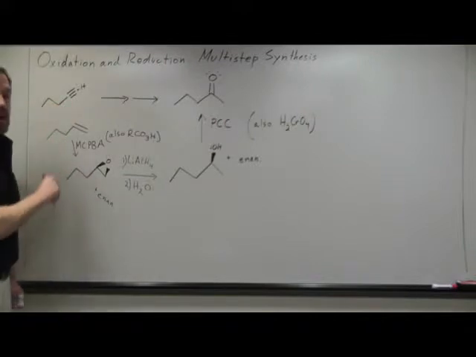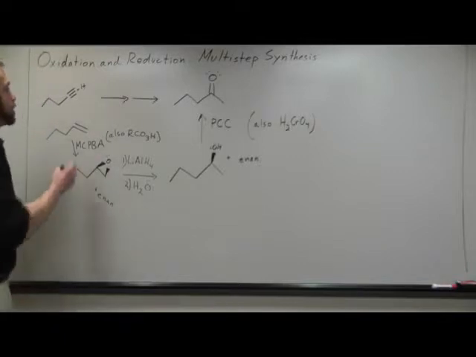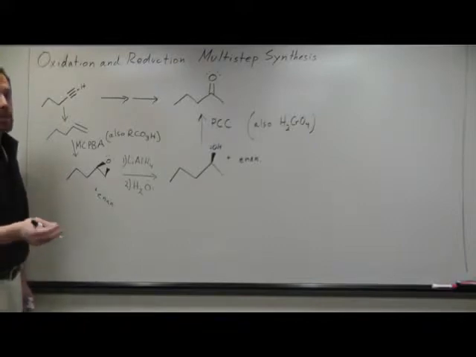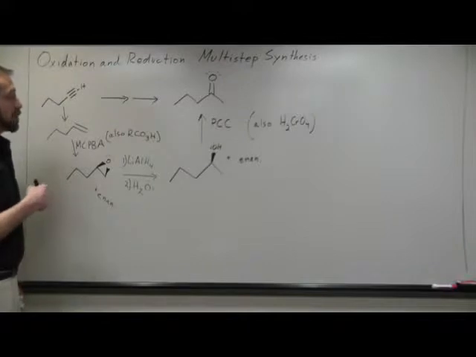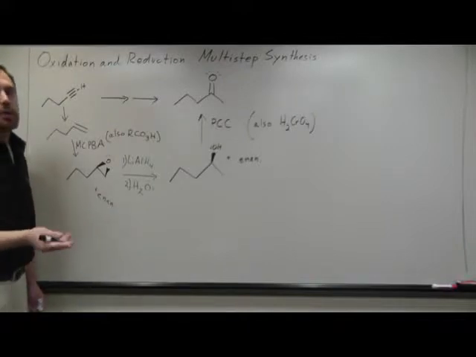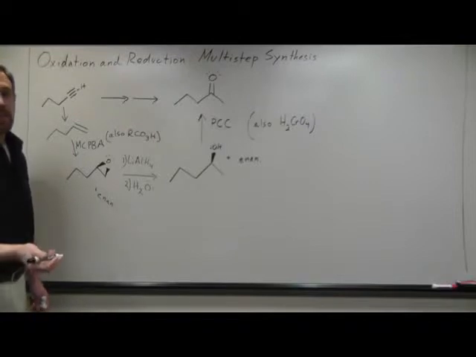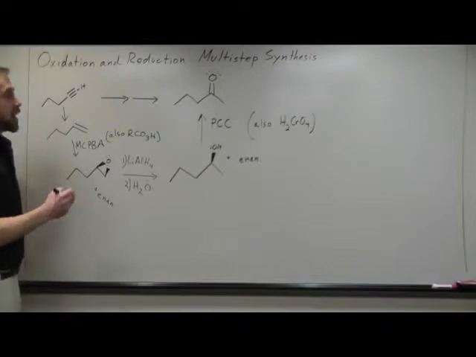From an alkyne to an alkene, this is a reduction, because we're adding bonds to hydrogen. And so this reaction, where we're not completely reducing the alkyne, but we're stopping at the alkene, can be accomplished 2 ways. Because there's no cis or trans designation for a terminal alkyne or alkene, we can use either pathway.